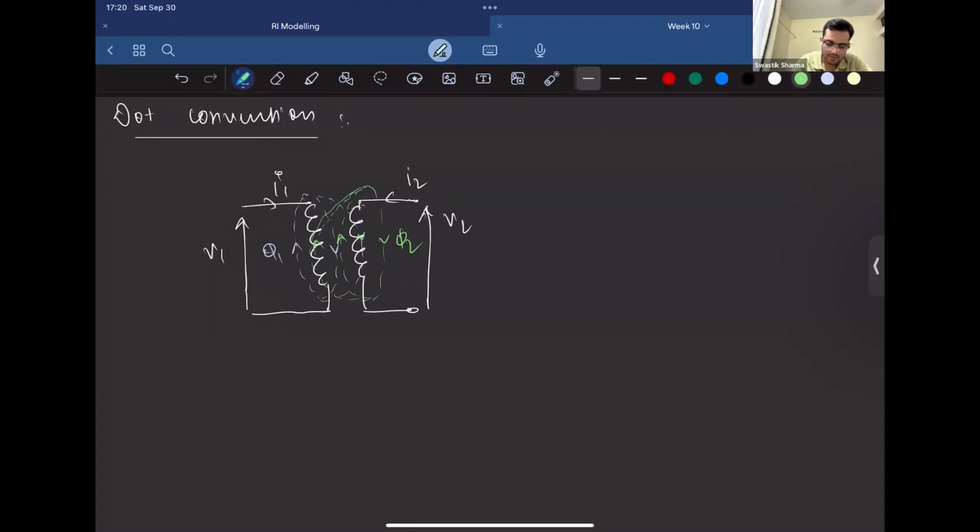So that's how we create this convention that when the current enters a dotted terminal, let's say it's entering this terminal and both of these are dots, the polarity of the induced flux is additive in nature. So the polarity of mutual inductance would be positive.